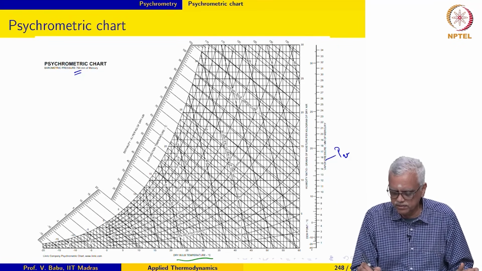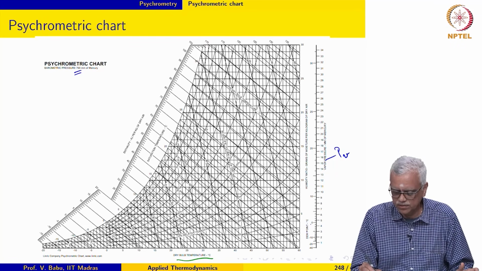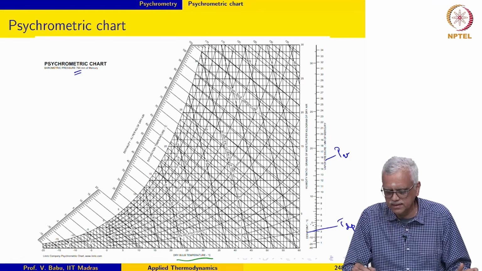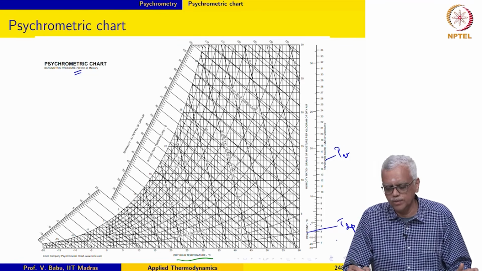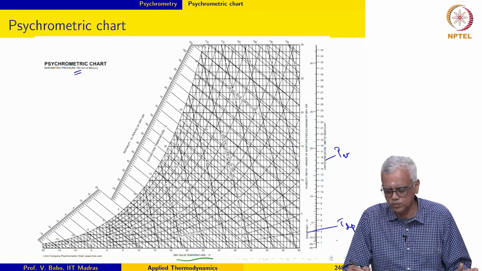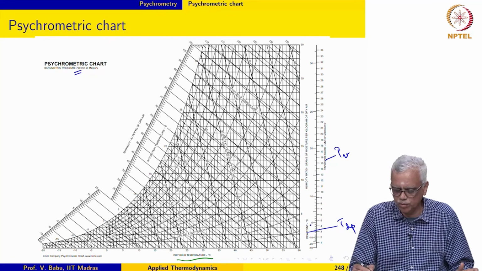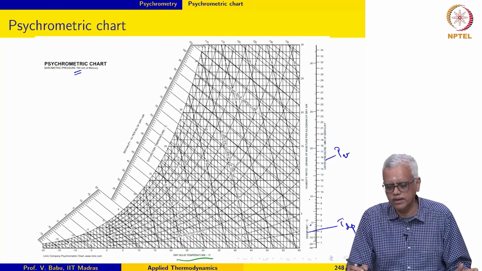Dew point temperature, as you can see here, so this is TDP, since that also depends only on omega, that can also be shown in a vertical axis parallel to omega axis. So, this is dew point 0, dew point 10 degrees Celsius, 20 degrees Celsius and so on. So, that is shown parallel to the omega axis.